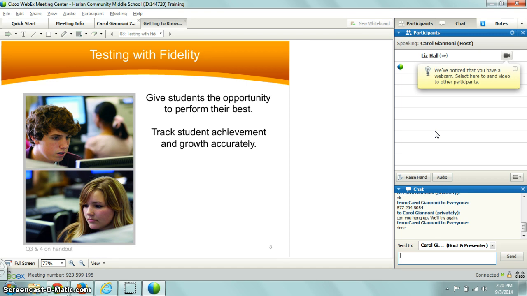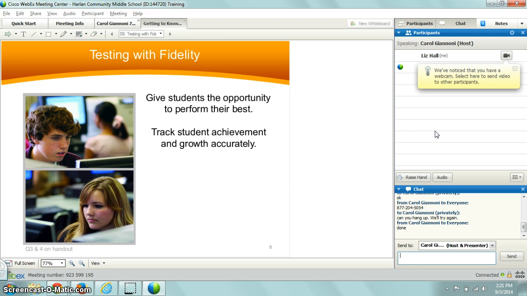And there are some pre-test instructions that will make this really helpful for you. I'm going to show you those when we go out into the software as well. But really what we want is the ideal environment, or as close to ideal as possible, so that your students are free from distraction and have that opportunity to perform their best on that test. This is going to help you then track their achievements and see how well they are growing.